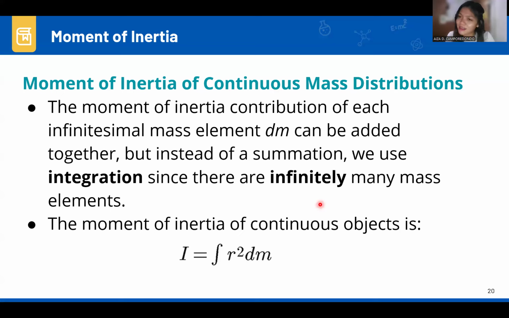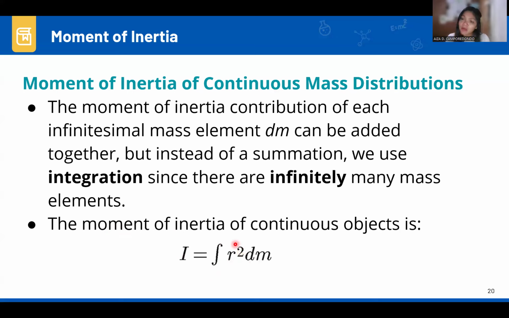The moment of inertia with regards to the continuous mass distribution can be calculated as the integral of radius squared multiplied by the infinitesimal mass element.